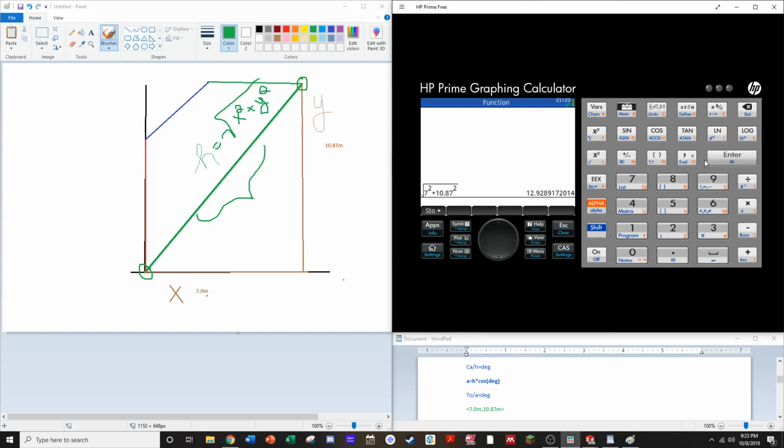So we're going to hit enter, and our value is 12.92.